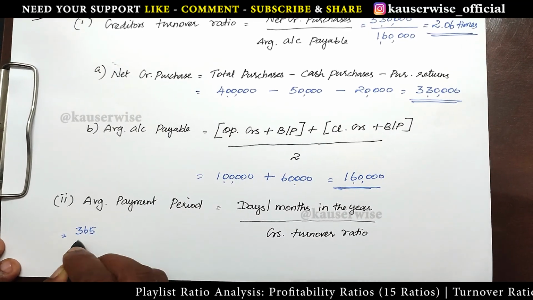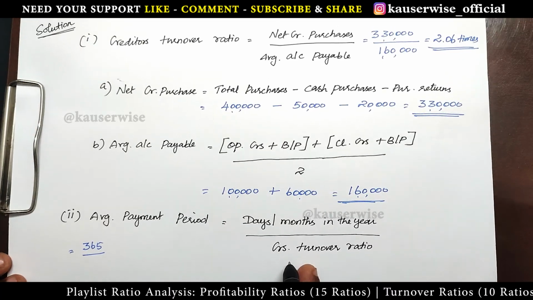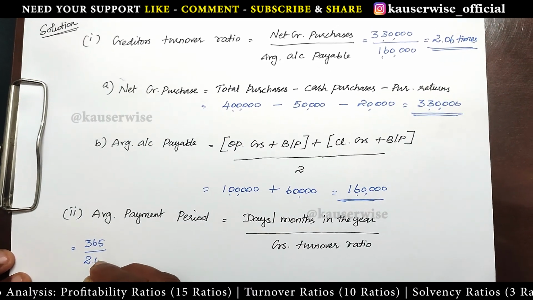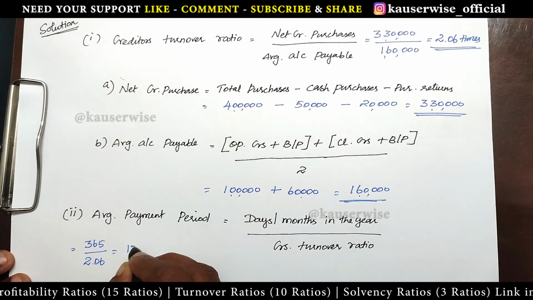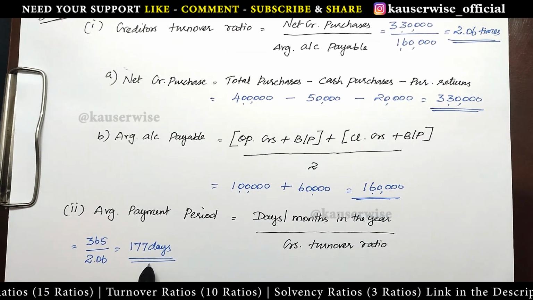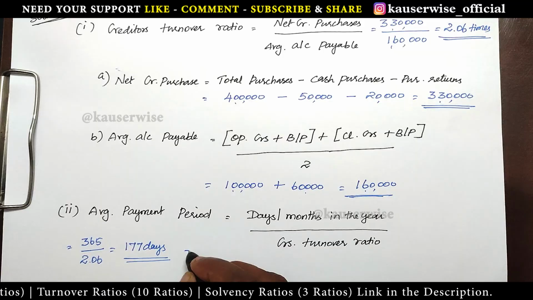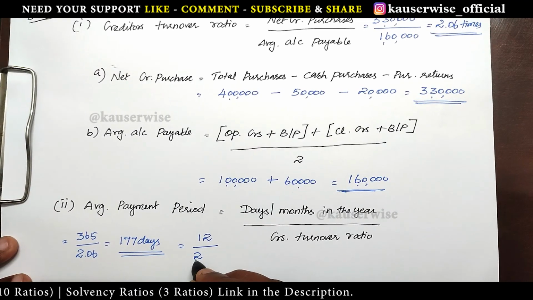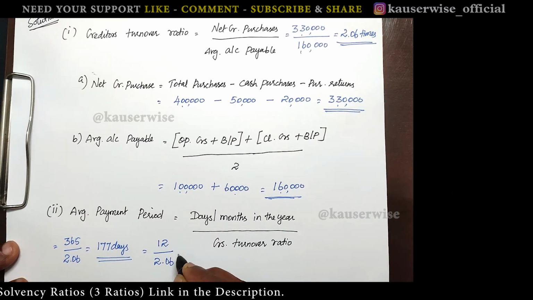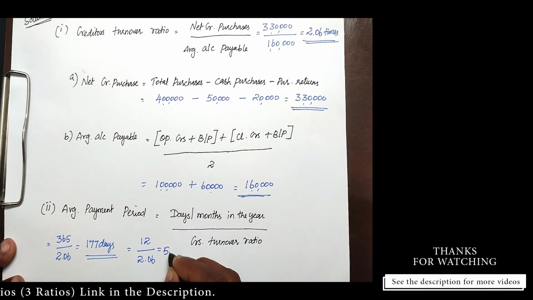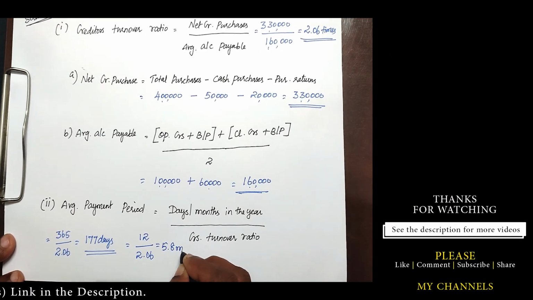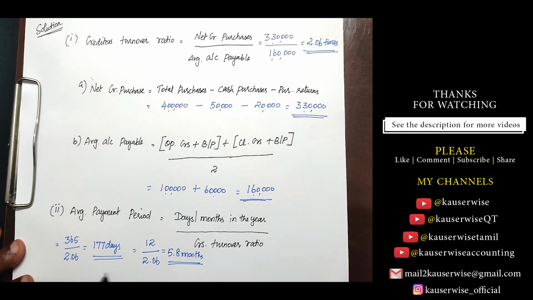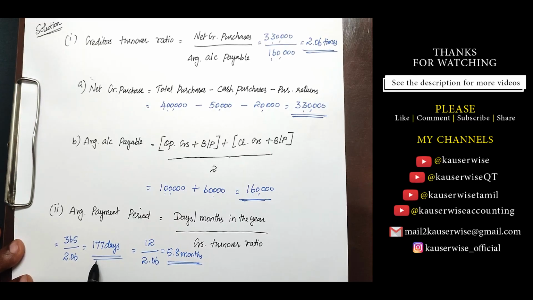So 365 divided by creditors turnover ratio 2.06 gives 177 days. Now we are going to calculate in months. How many months in the year? 12 months. 12 divided by creditors turnover ratio 2.06, you will get 5.8 months. So this is average payment period in months and this is average payment period in days.